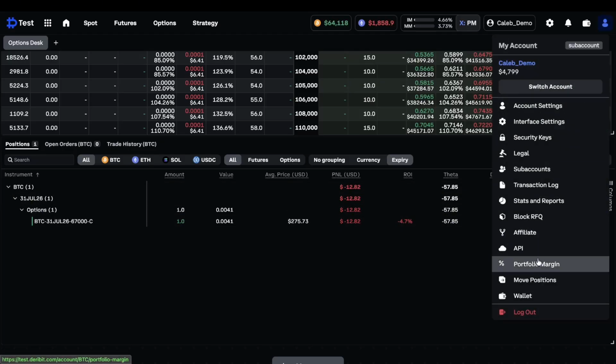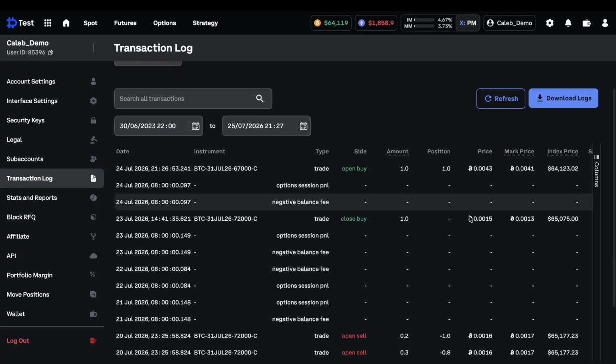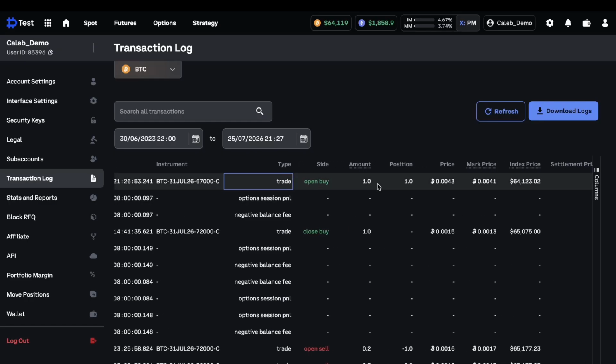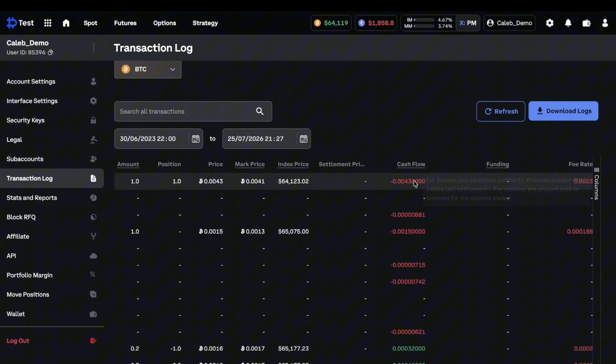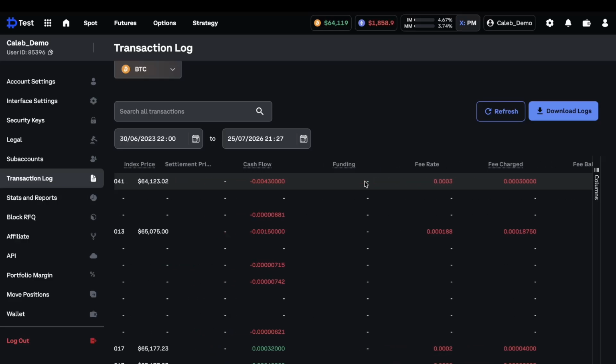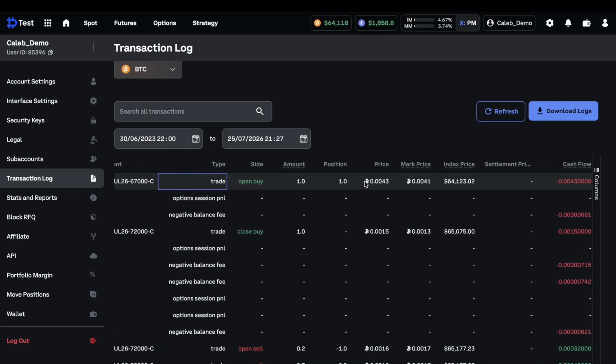If I go to the transaction log quickly here, you'll see that money left our account. This is what we bought here, right? We bought the 67K strike, one contract, and you'll see the cash flow is negative. That means money left our account basically when you buy a call. Well, theoretically it didn't leave your account, but that's how much it cost.